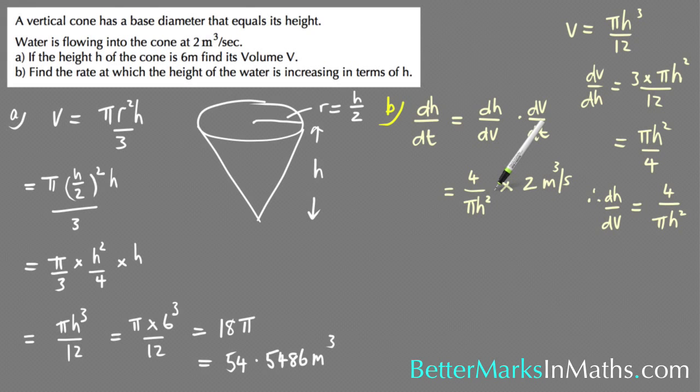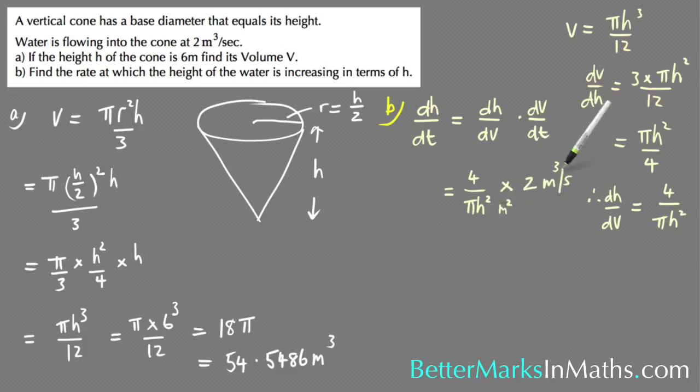And the units for dV/dh, this is the change in volume, which is meters cubed, per the change in height, which is meters. So meters cubed divided by meters is meters squared. So that means this would be meters squared here, which means when you turn it upside down, the meters squared are going to be on the bottom here.